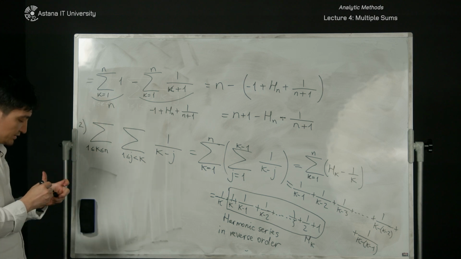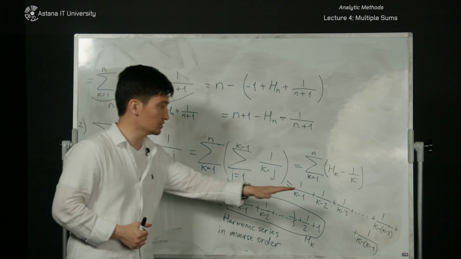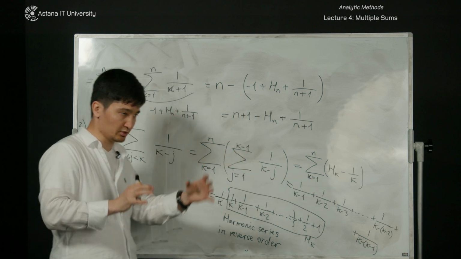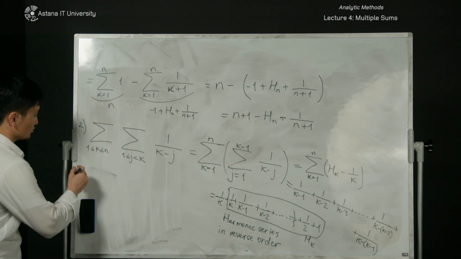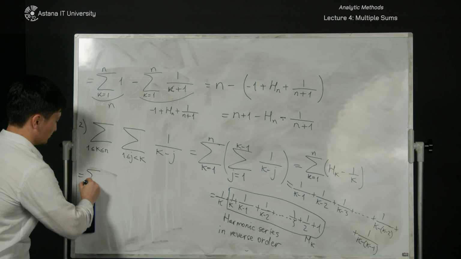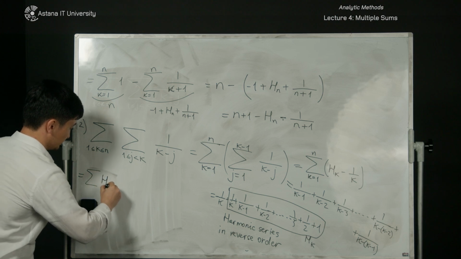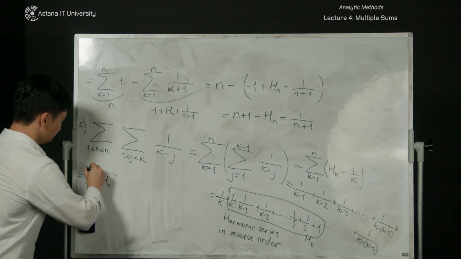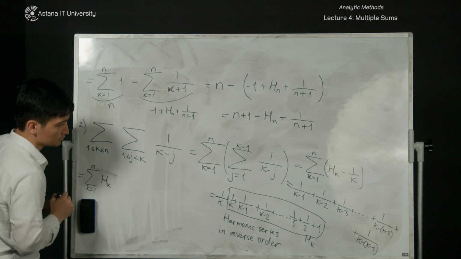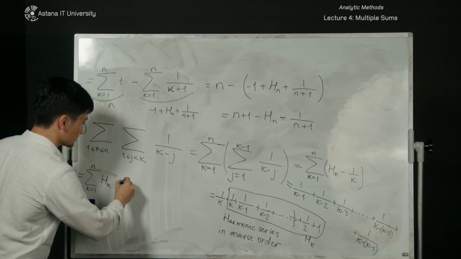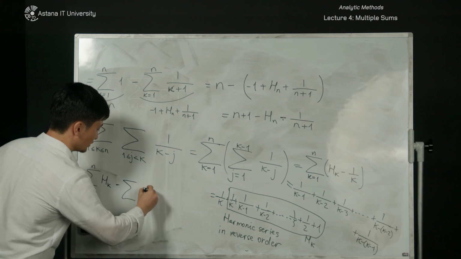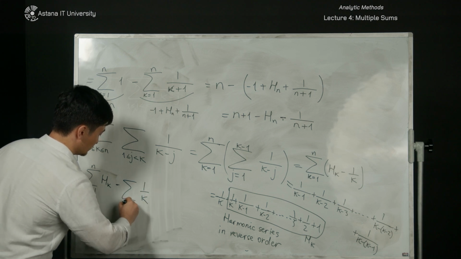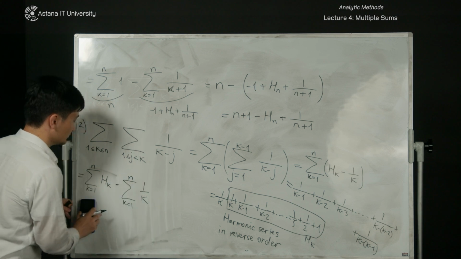Now, as you might guess, next we can split this up into two sums. So the sum of hk, k from 1 until n, and minus the sum of 1 over k, k from 1 until n.